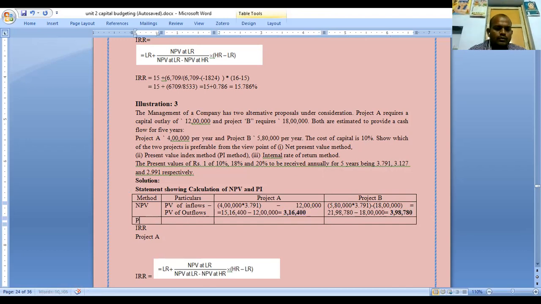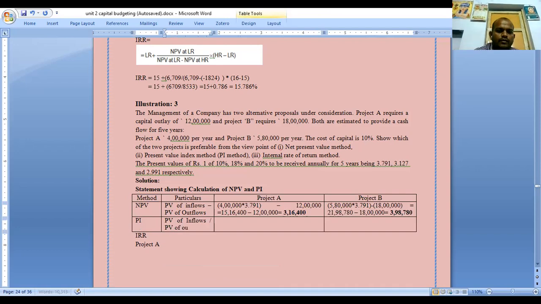So now the method is profitability index. The formula for the profitability index is PV of inflows divided by PV of outflows. So that is 15 lakhs 400 divided by 12 lakhs.